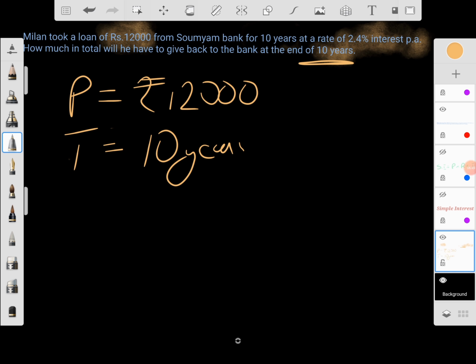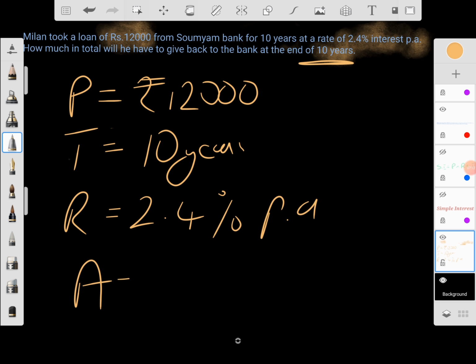And then you have the rate of interest also, and that is R, 2.4% interest per annum. That is important. That means per year. So now you need to find the amount. That is what you need to find.